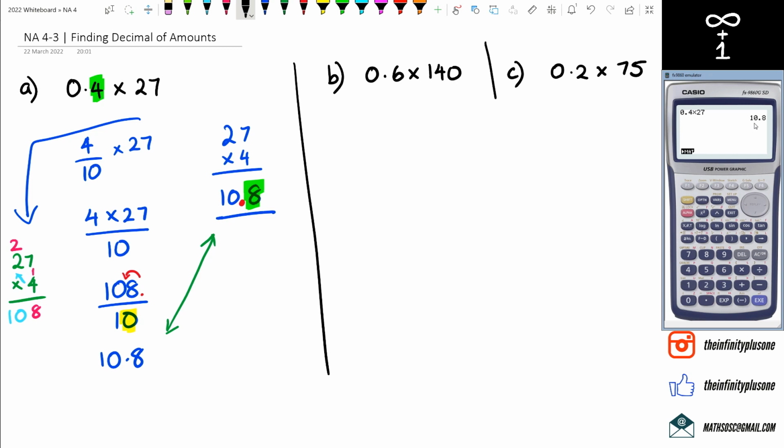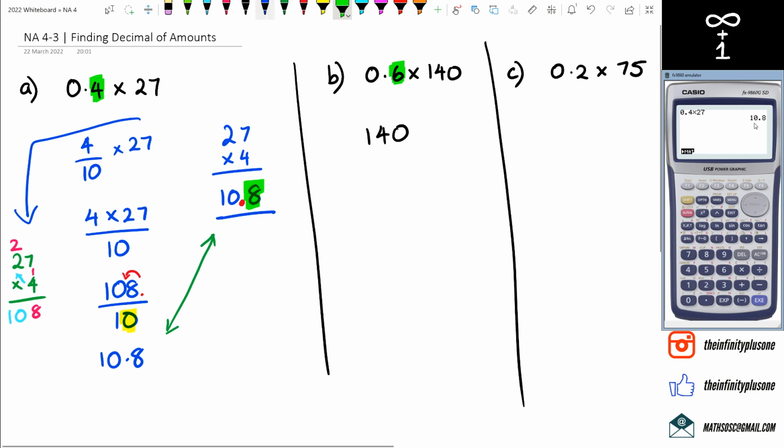For these next two questions, I'm going to do them using the two different ways that we've done so far. The first one is 140 times 0.6, and I'm going to do the second method. I know that there's one number after the decimal point, so I'm going to do 140 multiplied by 6. 6 times 0 is 0. 6 times 4 is 24, and I've got a 2 that's going to get carried over. 6 times 1 is 6, plus 2 is 8.